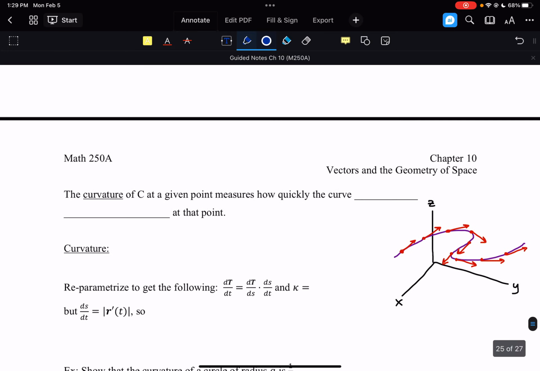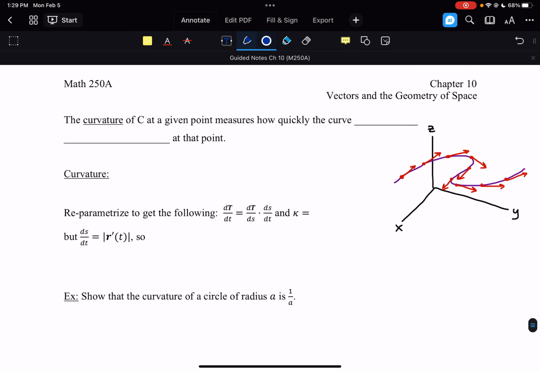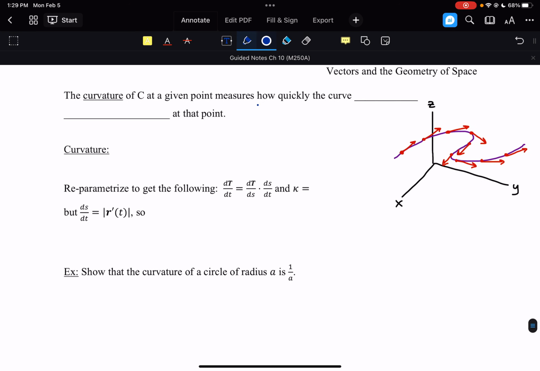So we're going to talk about curvature. The curvature of a curve C at a given point measures how quickly the curve changes direction at that point.